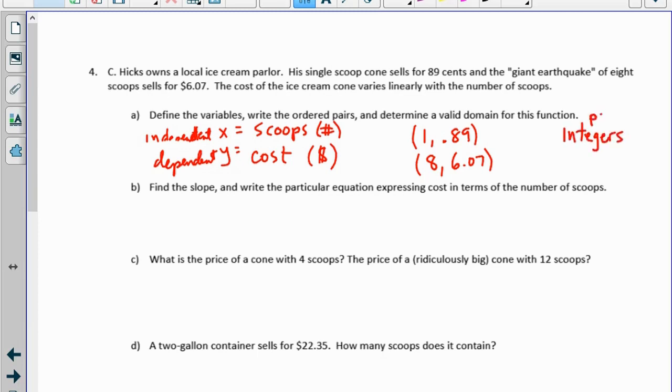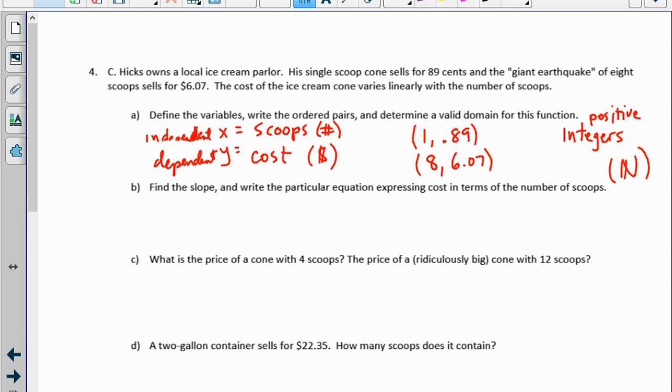Actually, the positive integers, because I can't have a negative value of scoops, and I can't have a fractional scoop. So the positive integers are going to be the domain for this problem, which we can also call the natural numbers, or N.